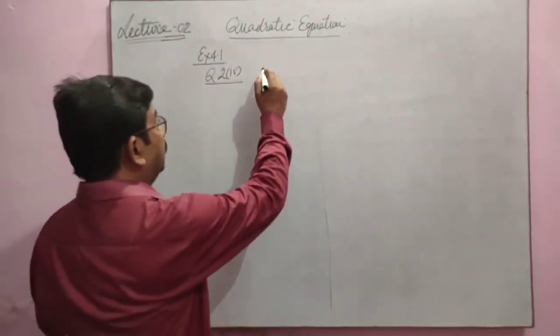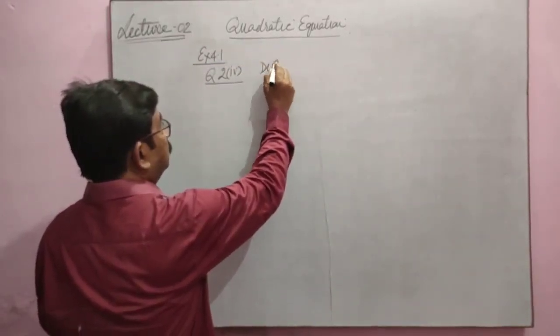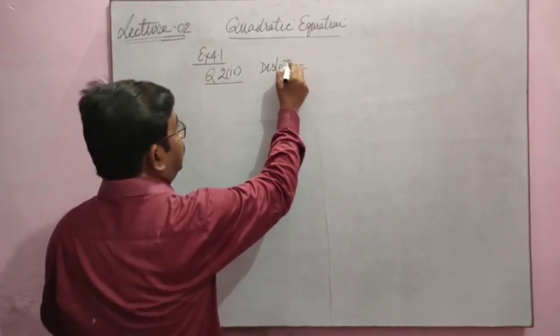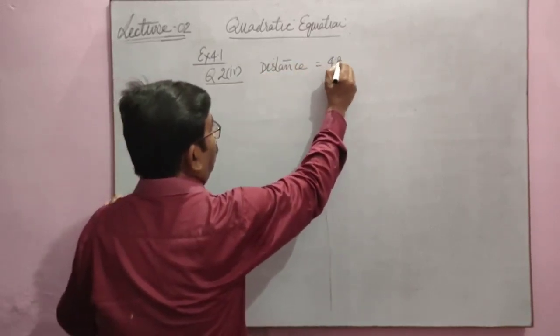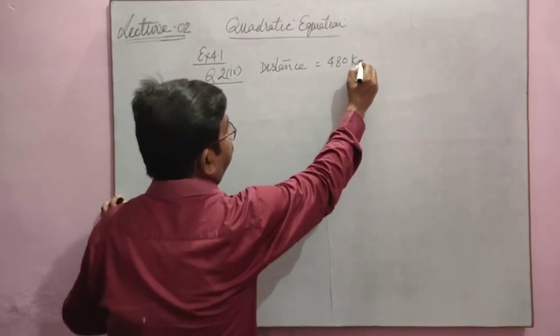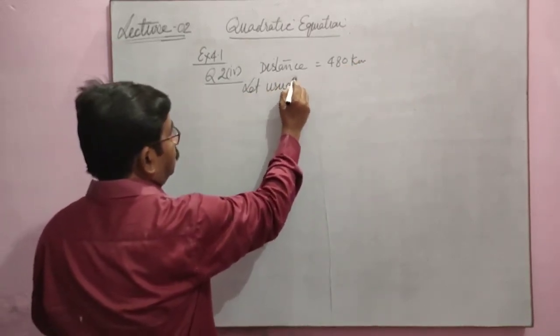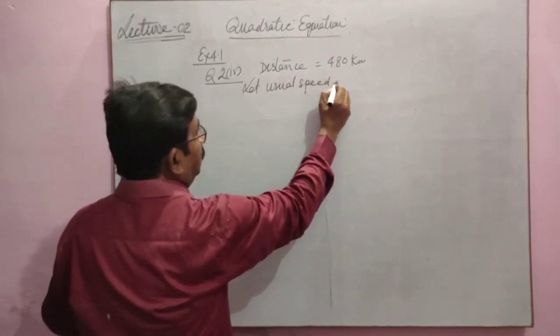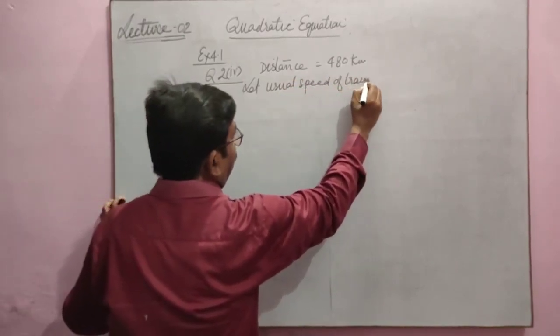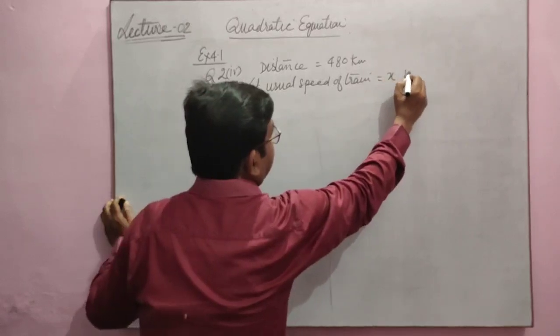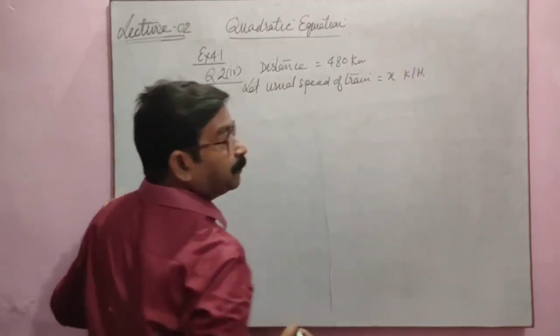So here we are given distance is equal to 480 kilometers. Let the usual speed of the train be x kilometers per hour.